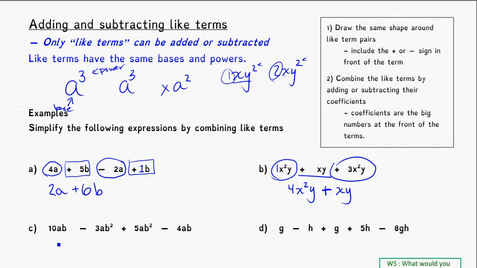Looking at the next example, 10ab minus 3ab squared plus 5ab squared. Well, the ab squared terms, those are the same. I'm going to draw a circle around both of those, and again I'm including the sign in front of them. 10ab and minus 4ab, those look the same.